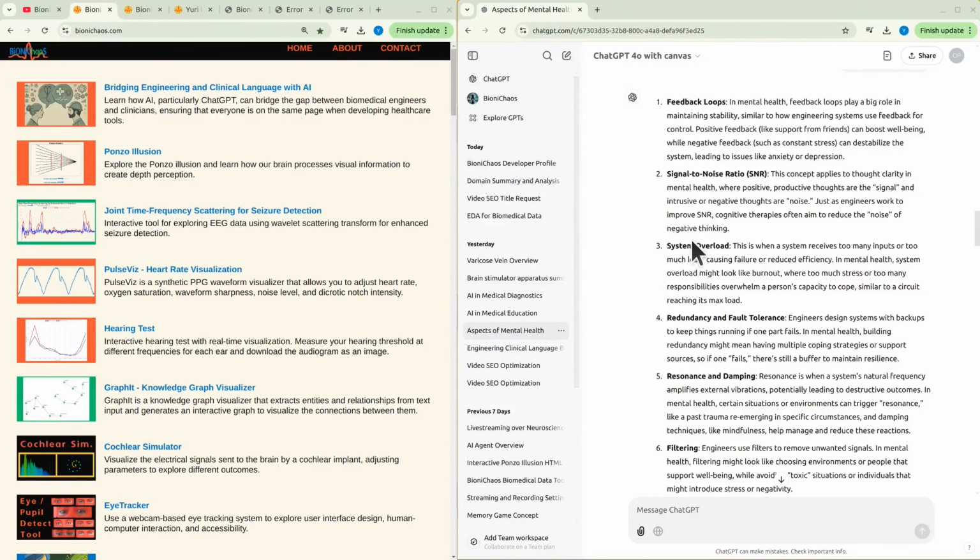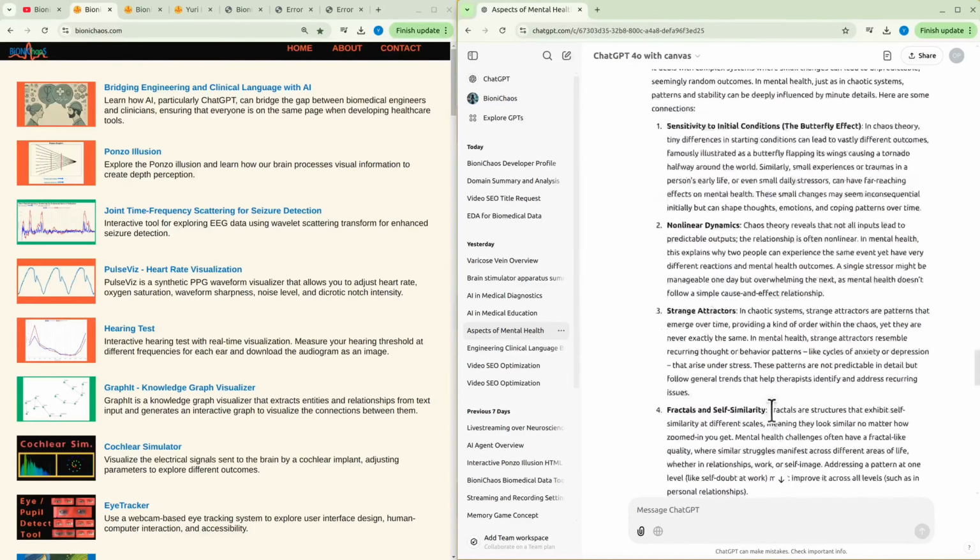We have some examples of mental health concepts explained in terms of engineering tools. So you have things like feedback loops, signal to noise ratio, system overload, resonance and damping used to explain mental health.